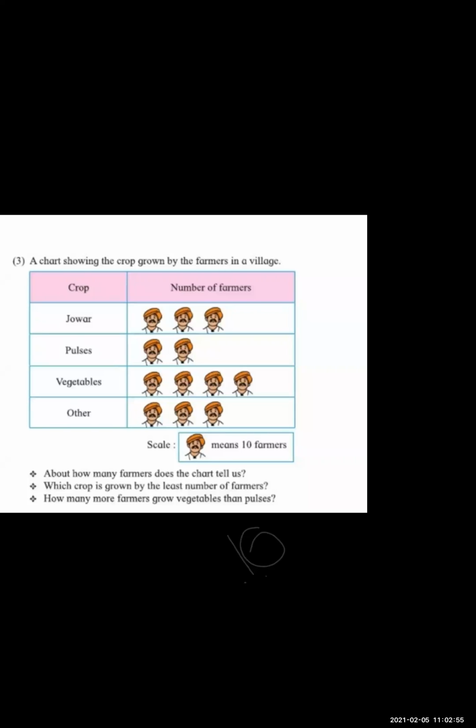One farmer means 10. 10 plus 10, 10 plus 10, 30. 30 plus 20, 50. 50 plus 40. Again 30. So do the addition. It's a total of 120 farmers. Total 120 farmers are there.